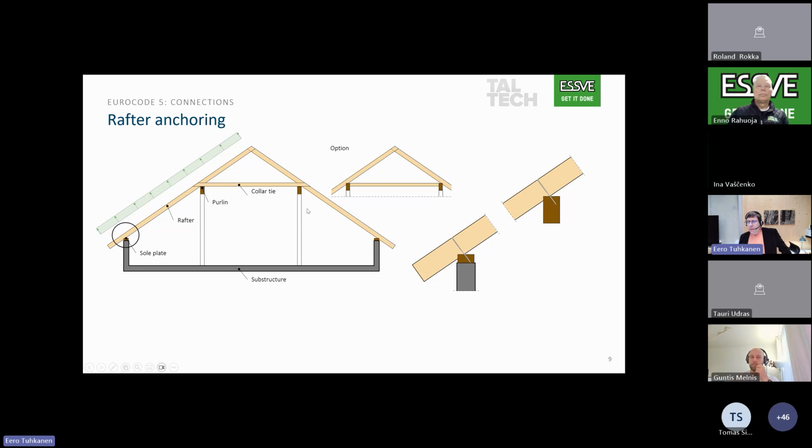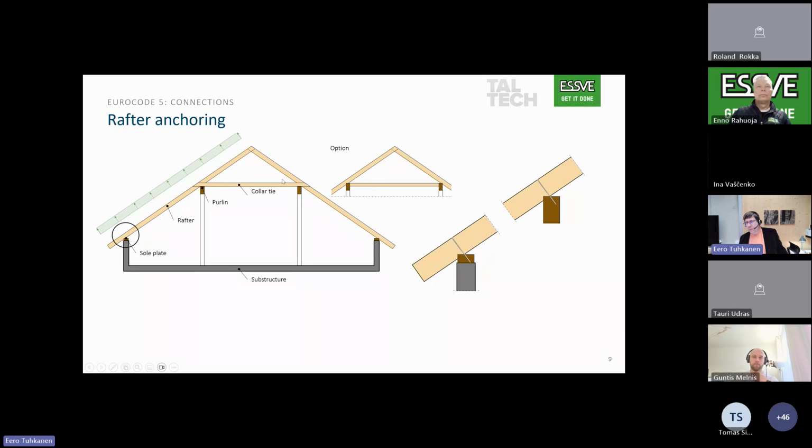And here I made some simple structure. This is the way we can design the roof structure. Here is an optional version where we have also purlins and the beams between the purlins.